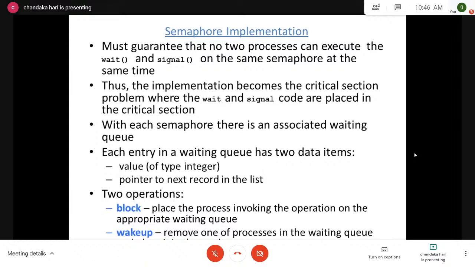This can be done by using a counting semaphore. You know what a counting semaphore is, where the semaphore value is an unrestricted domain. Whereas in the case of a binary semaphore, the semaphore value always lies between 0 and 1.